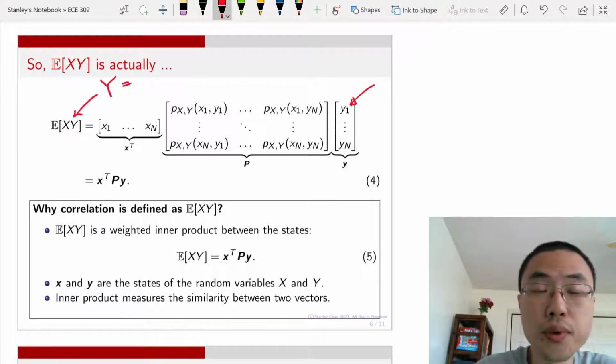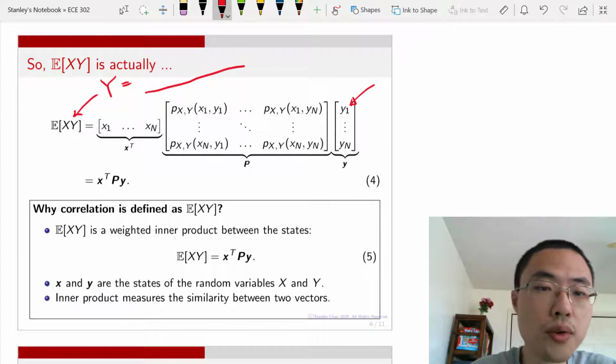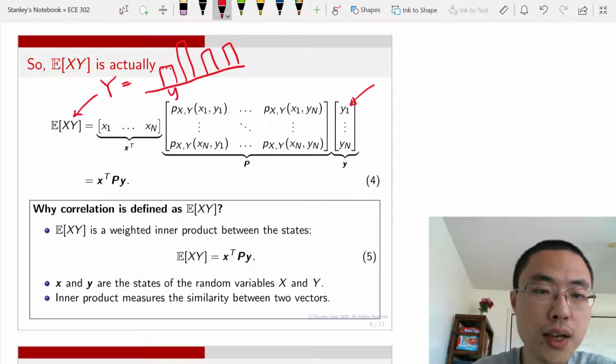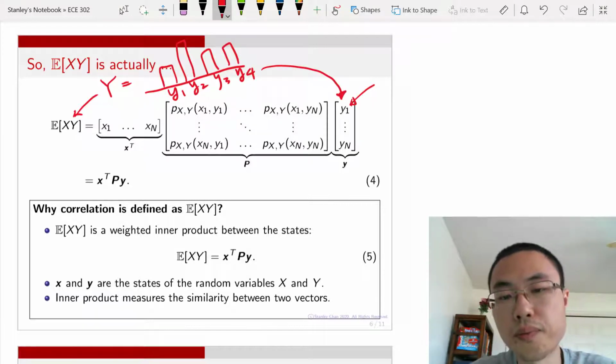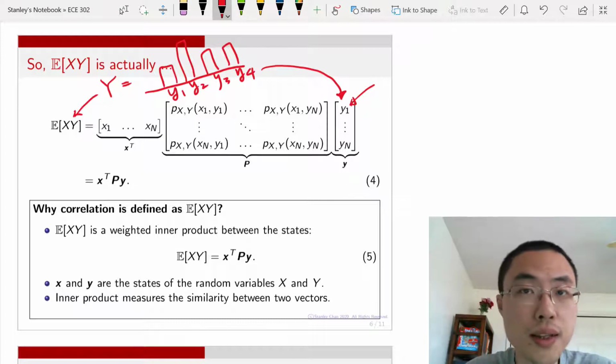Y is a random variable, and therefore it has a histogram, or we call it the probability mass function. So this is the PMF of y. Now you have values of y1, y2, y3, and y4, and so on. These values will go to here. These are all the possible states of the random variable y.